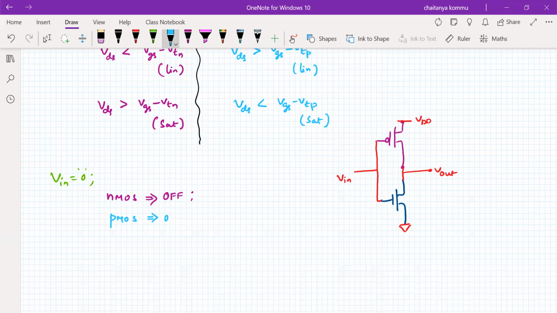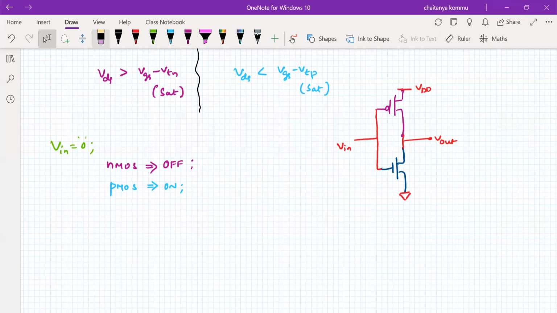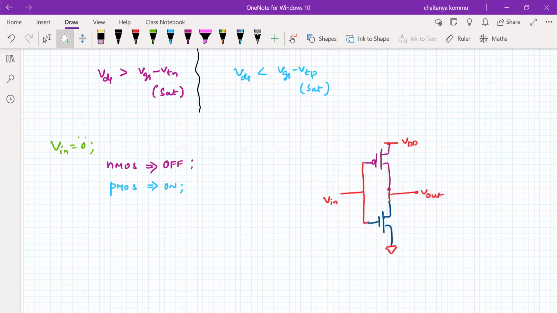The PMOS becomes on. How can you say that the PMOS becomes on? So I'll write that point here. And I want to remove this portion because the PMOS becomes on. Only the PMOS is on. Clear? Okay, now look here.